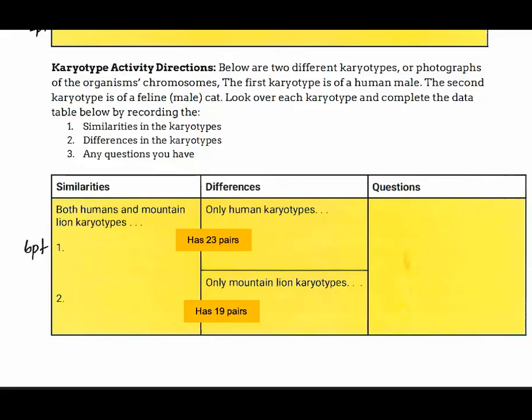So remember that the chromosomes contain genes. So one question we might have: are any of the genes on the male cat similar to those of the human?